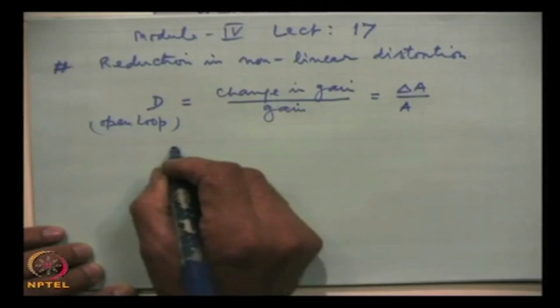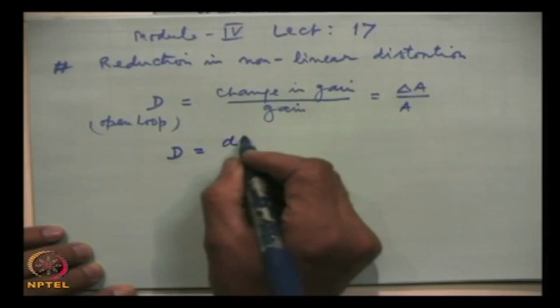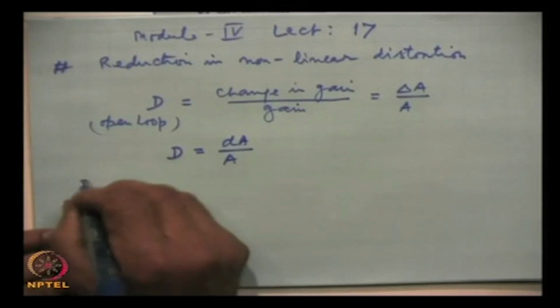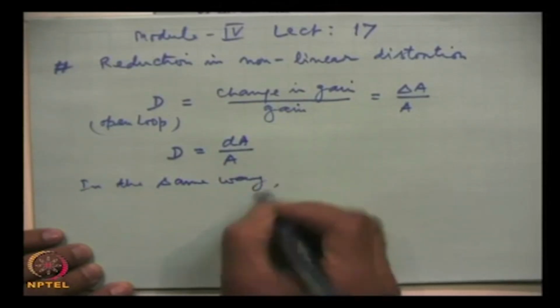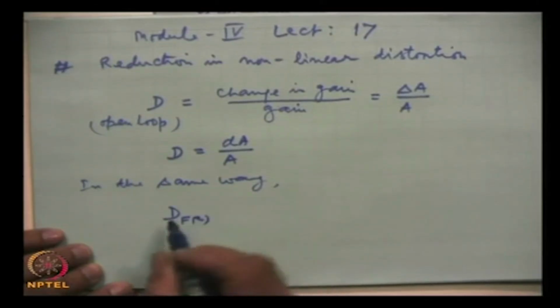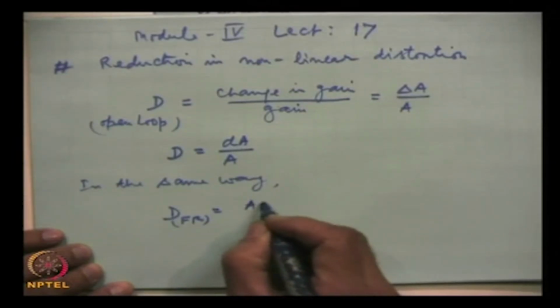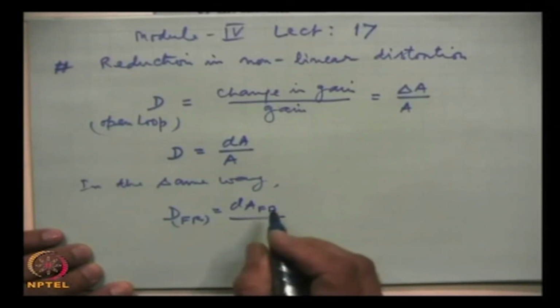So, the distortion in open loop amplifier can be represented by dA by A. In the same way, for the feedback amplifier, the distortion can be written as DFB, distortion with feedback, this is equal to dAFB by AFB.